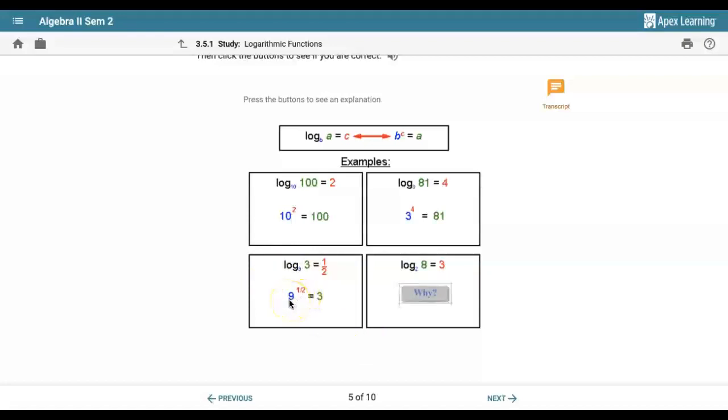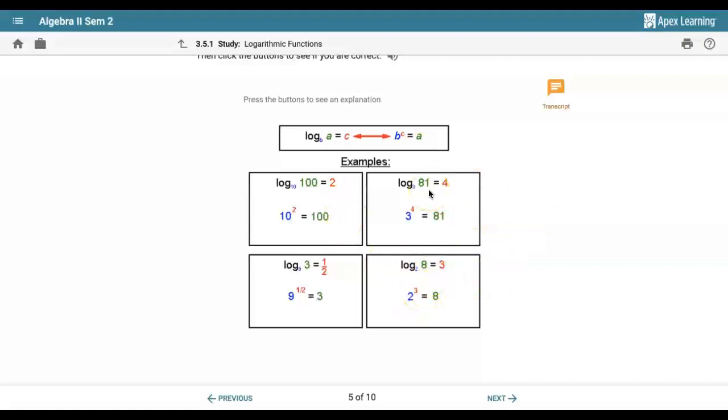So the square root of 9 equals 3, or 9 raised to the 1/2 power equals 3. And the final example, log base 2 of 8 equals 3, like saying 2 to the power of what will give me a value of 8, and the answer is 3, because 2 raised to the 3rd power gives me 8.